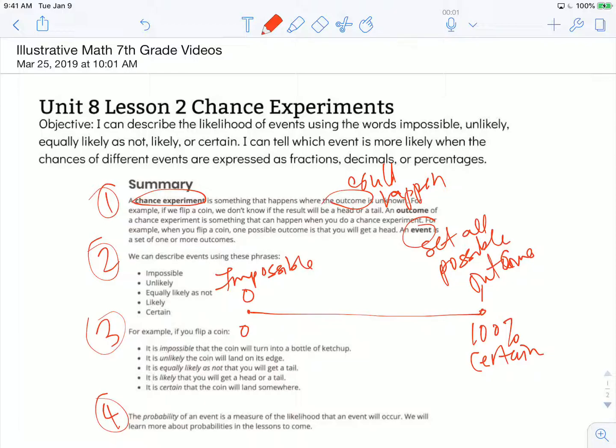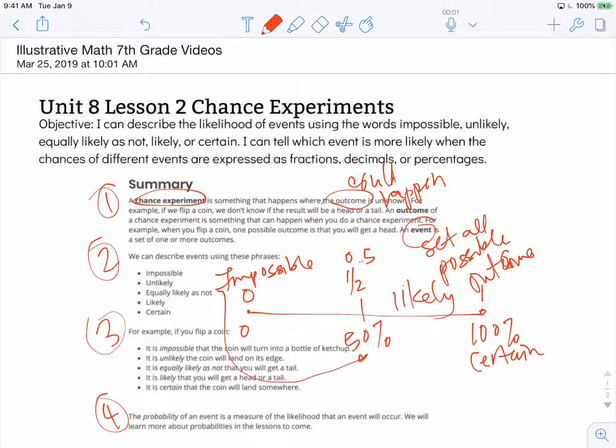So we could have a halfway point between 0 and 1, which is 1/2 or 5/10 or 50%. And we would call that equally likely as it is unlikely to occur. So I'm going to label that as equally likely as not. There's just as much chance that it's going to happen as it's not going to happen. The closer you get to 100%, the more likely something is to occur.